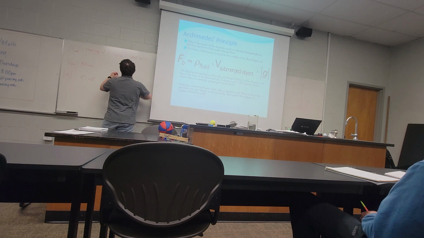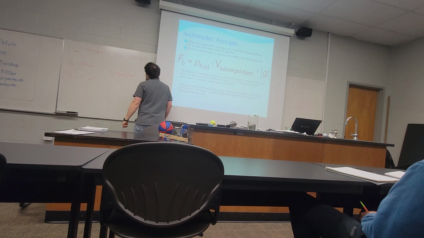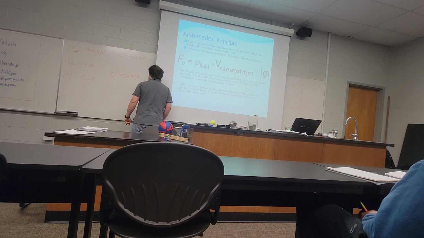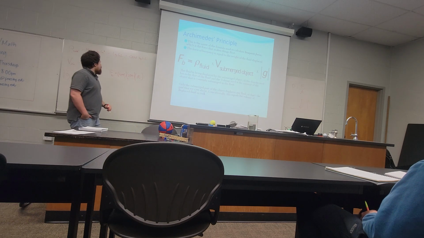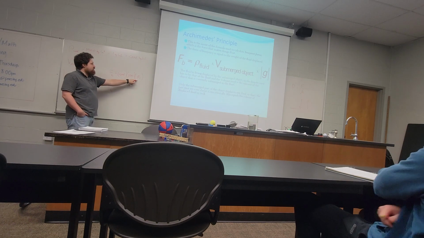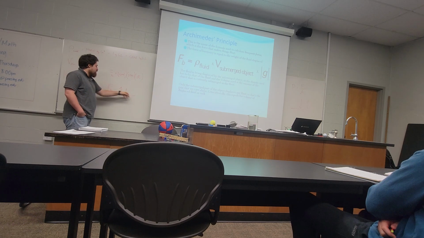So for water density, 0.001. For the volume of iron, 100. And then times the strength of gravity on this planet, 10. So 0.001 times 100 times 10, I believe that should give us a buoyant force of 1 newton.